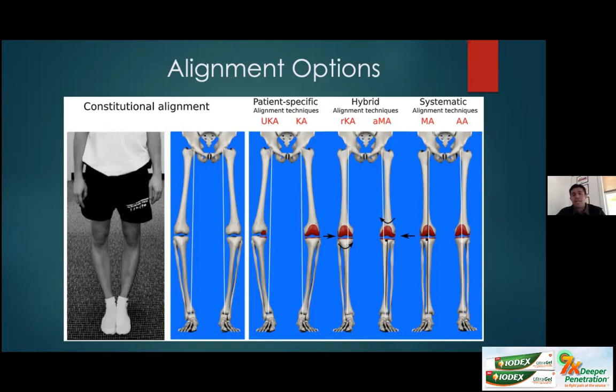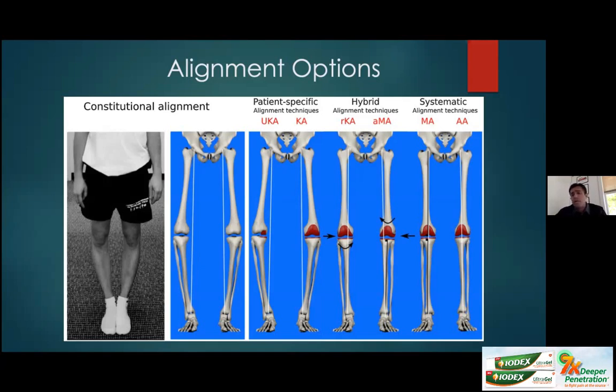The mechanical technique, which means that the axis of the implant is perpendicular to the mechanical axis, drawn from the center of the femoral head all the way down to the center of the knee to the center of the ankle. Or you could use an anatomically aligned technique with some femoral modification and put the joint line in a little bit of valgus.